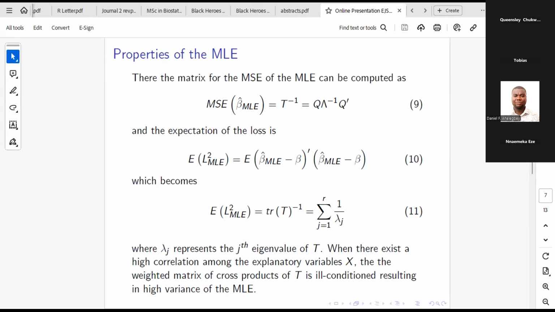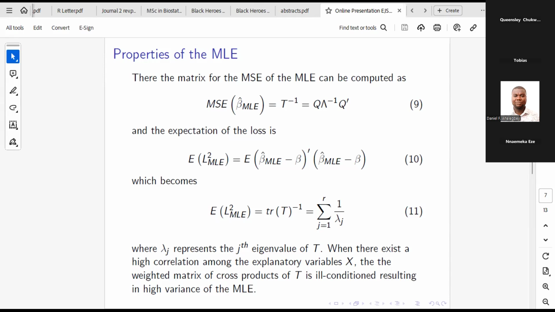And when we compute it and simplify it, it will give us that the expected loss for this maximum likelihood estimator for the exponential regression would reduce into the summation of the inverses of the eigenvalues.